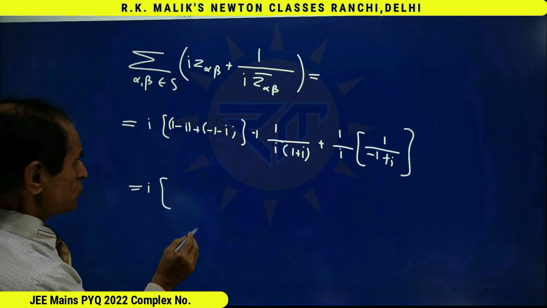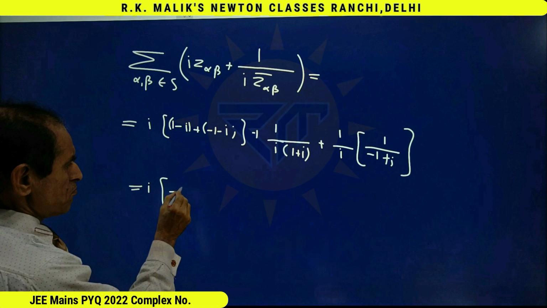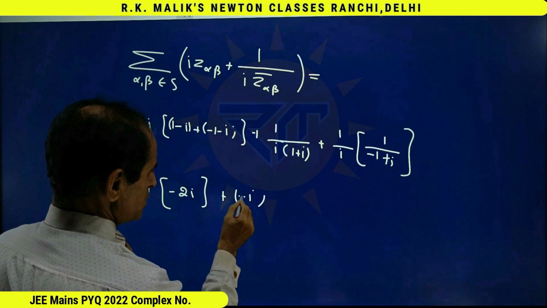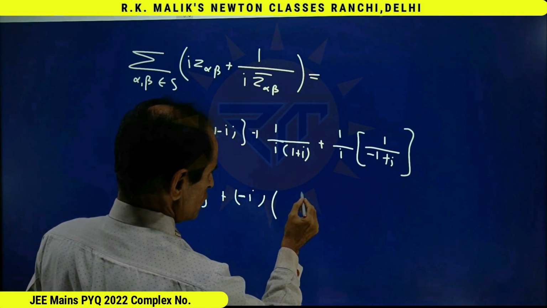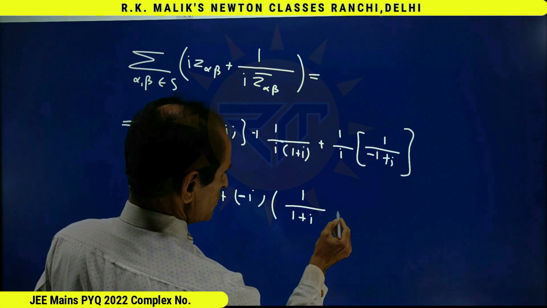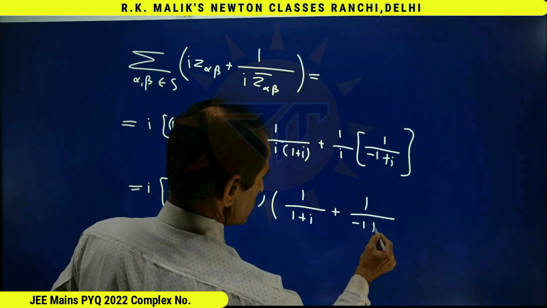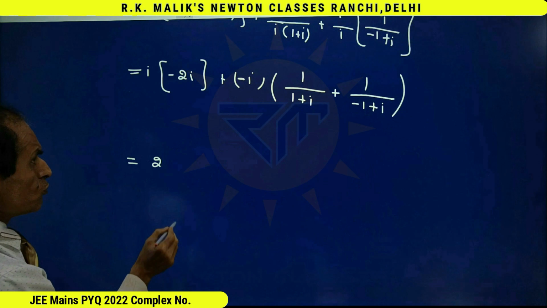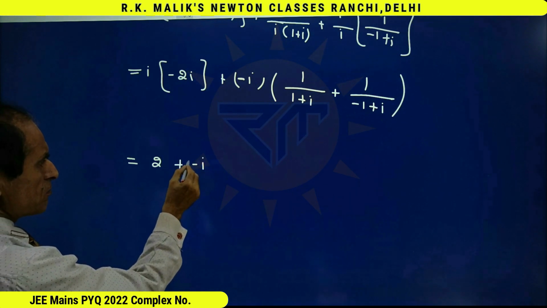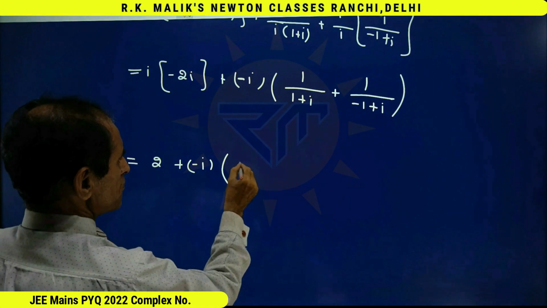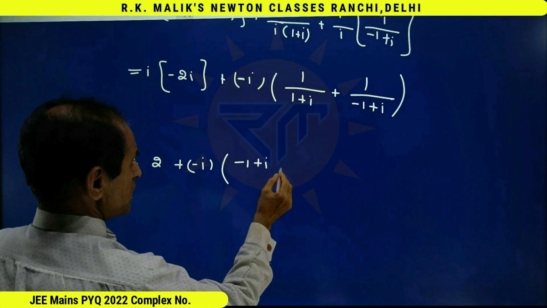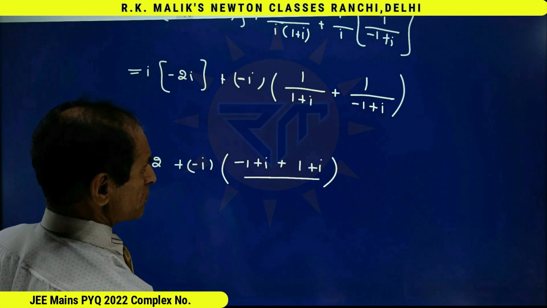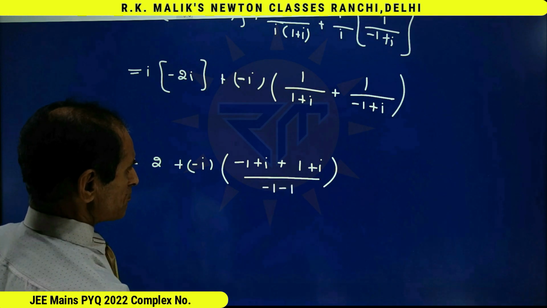That is i into minus 2i plus minus i into 1 upon 1 plus i plus 1 upon... this is equal to 2 plus minus i into minus 1 plus i plus... upon minus 1 minus 1.